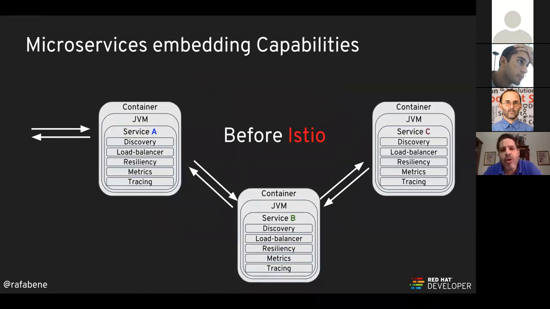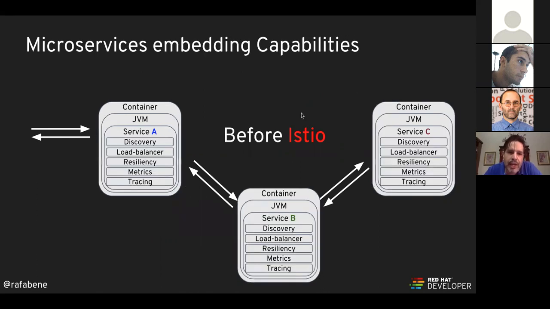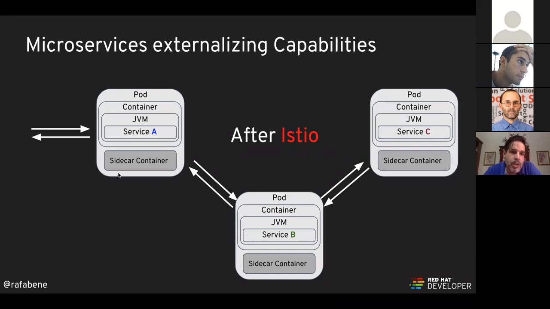So before Istio, we had, like I presented earlier, service A calling service B and calling service C. After Istio, all those functionalities that were implemented using libraries like Netflix OSS, we can have in a sidecar container.